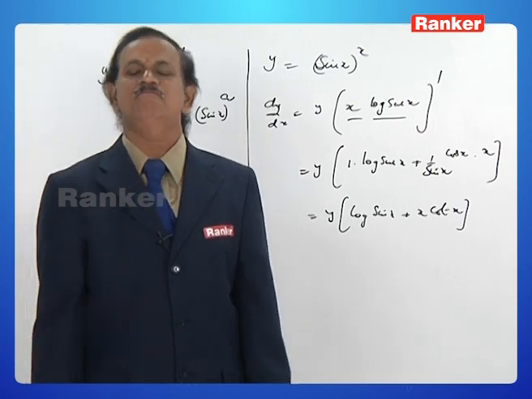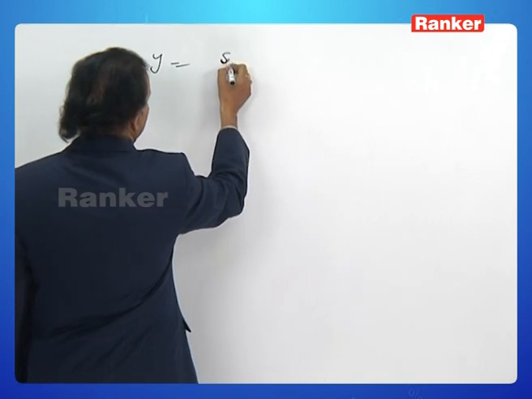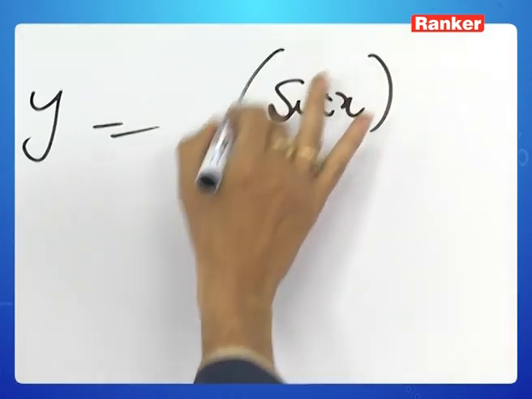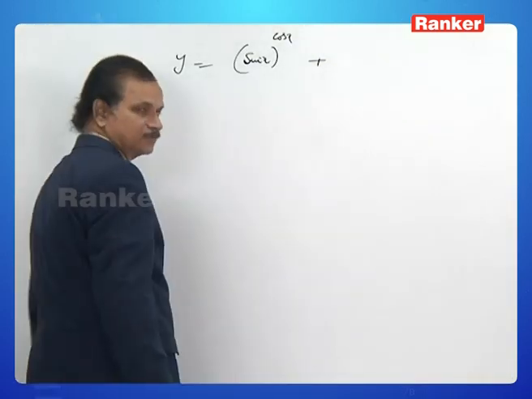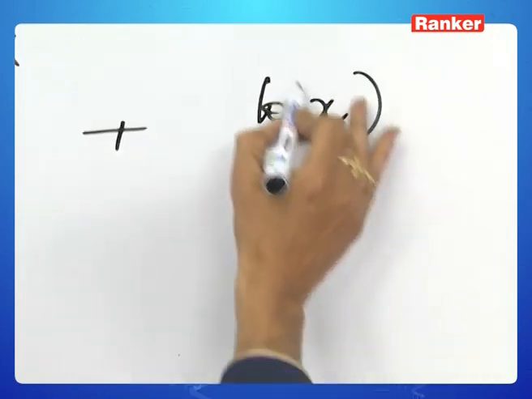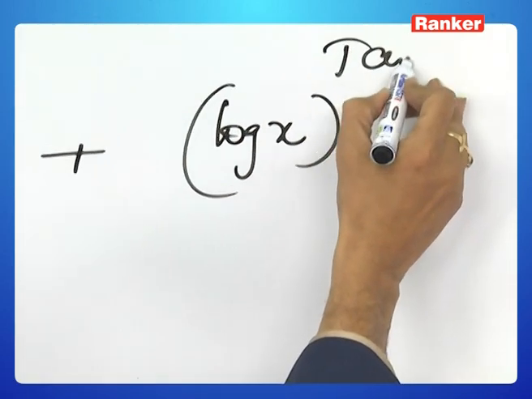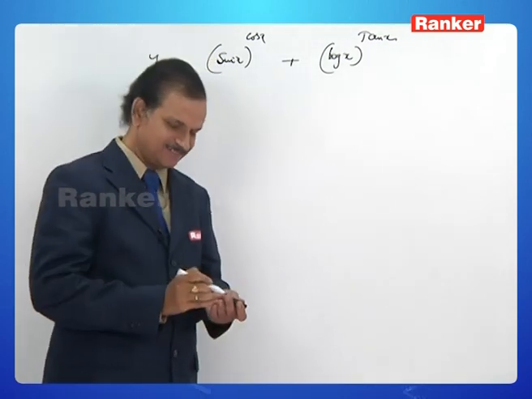How can it be done? We shall see. y is equal to (sin x) power cos x plus (log x) power tan x. What is dy by dx?